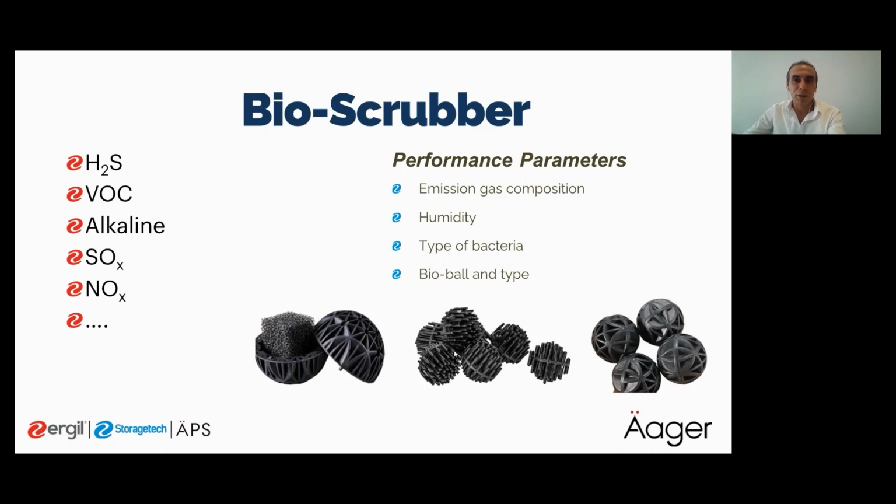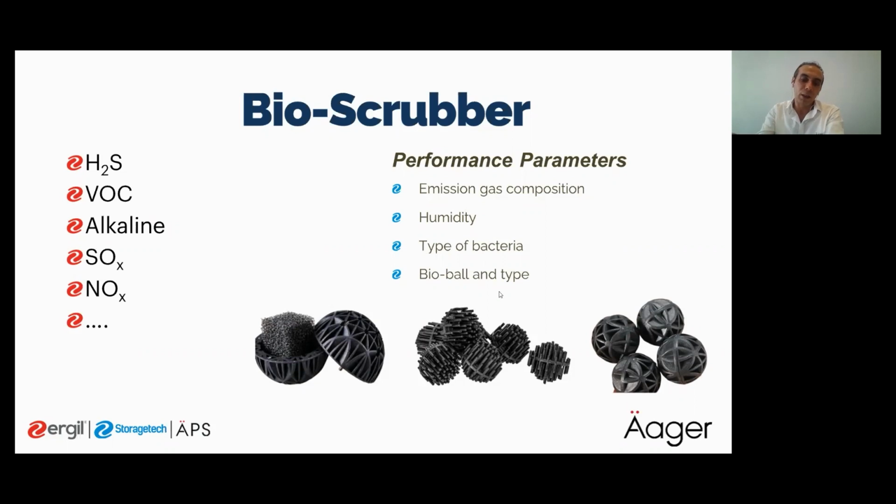The performance parameters are the gas compositions. Actually, these are not parameters, these affect the performance: the emission gas composition, which kinds of gases are in the airflow, the humidity, which type of bacteria you are using in the bioballs, and the type of bioballs.